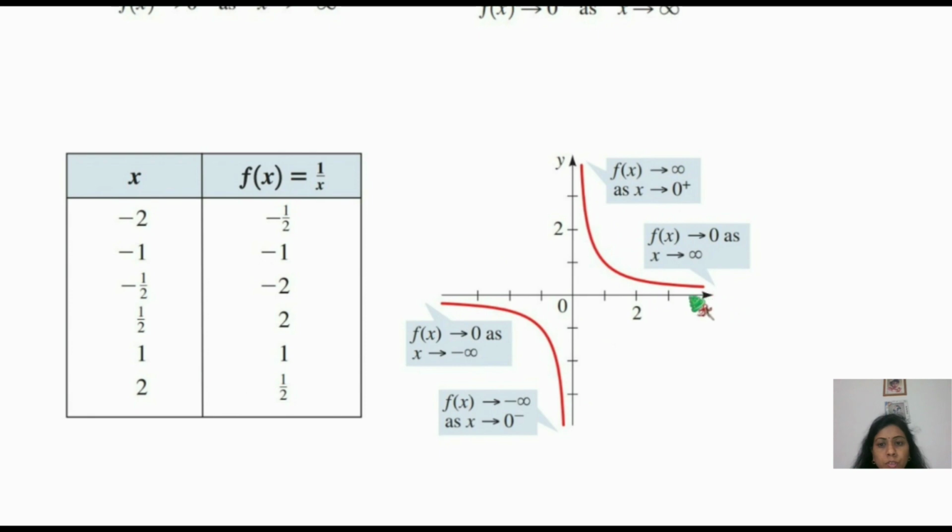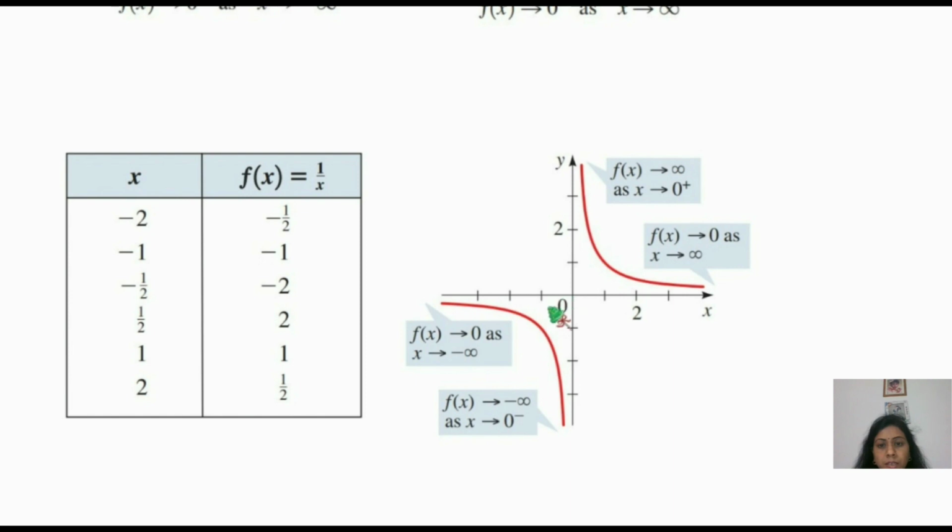So when x approaches 0 from the right side, f(x) tends to infinity, and you can see this here. If f(x) goes down, it means f(x) tends to negative infinity as x approaches 0 from the left side.